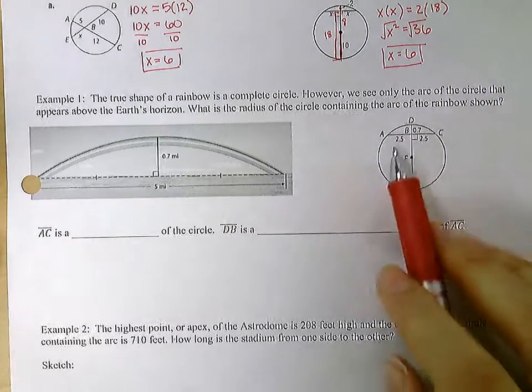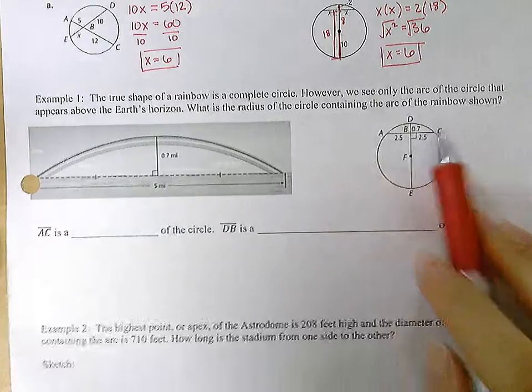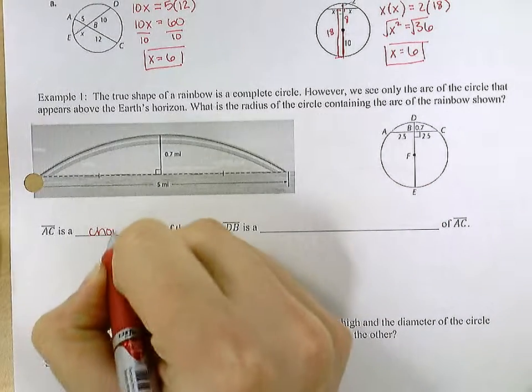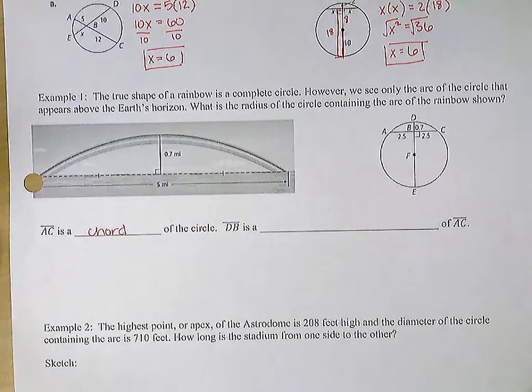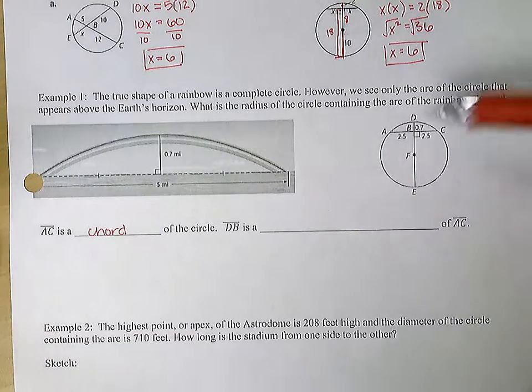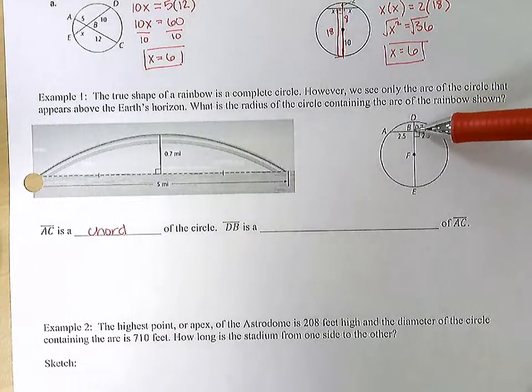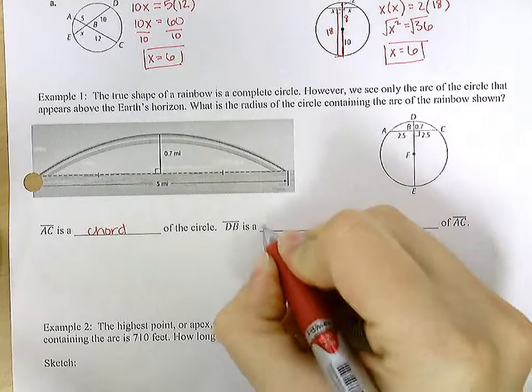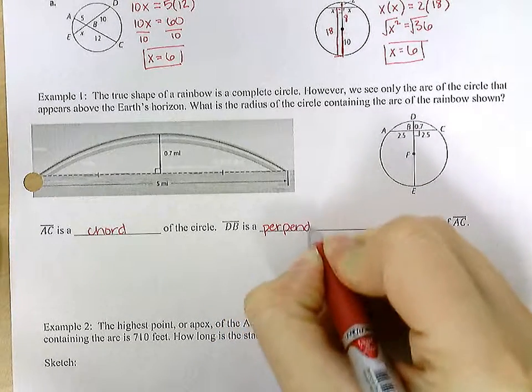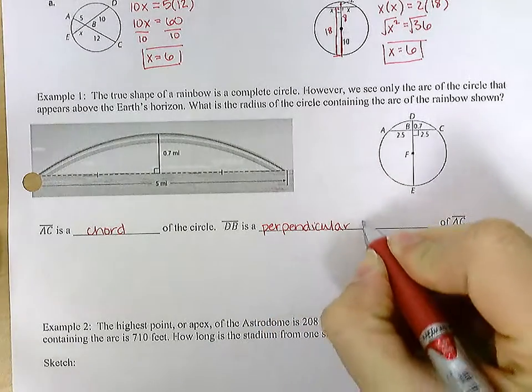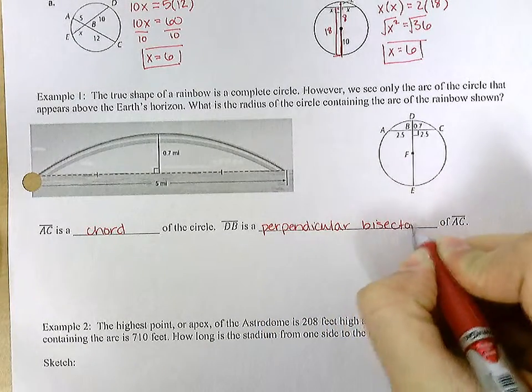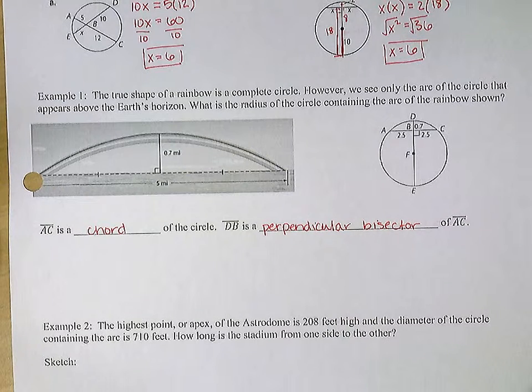Now since AC right here is a chord of that circle, and DB is a perpendicular bisector of AC, do you remember from section 10.3 when we had a chord and then we had the diameter or radius as a perpendicular bisector?